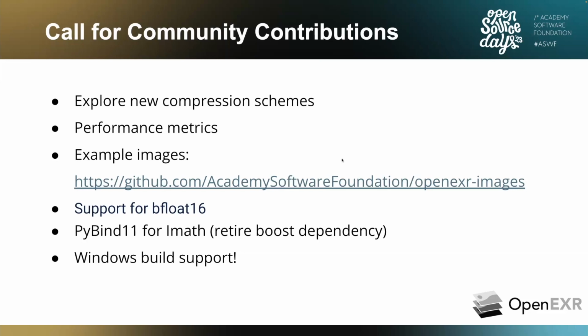And the last thing we really struggle with as the maintainer community is Windows build support. We have a little bit of it, but not as much as we'd like. So anyone who can help us out with the random compile or build failures on Windows would be much appreciated.